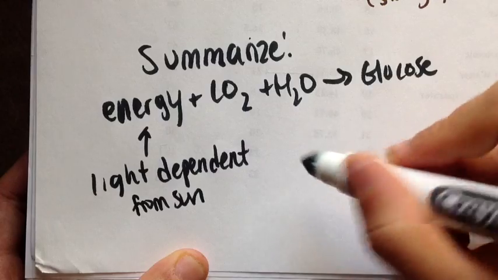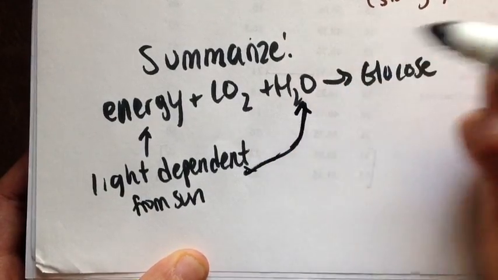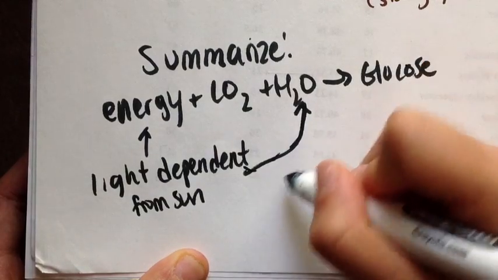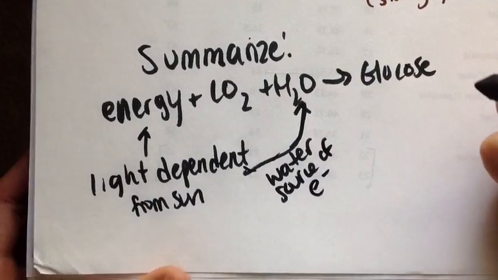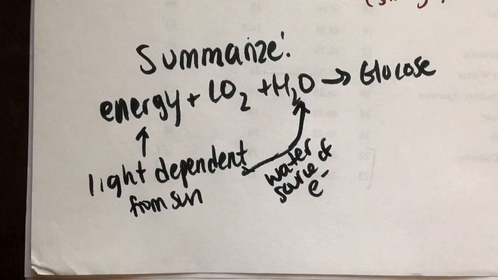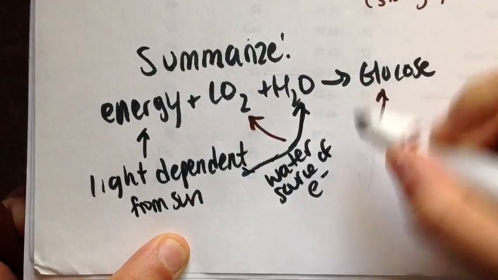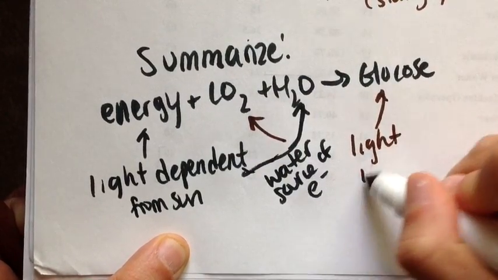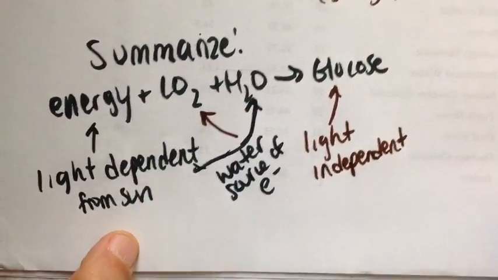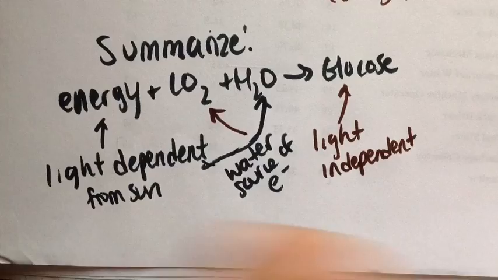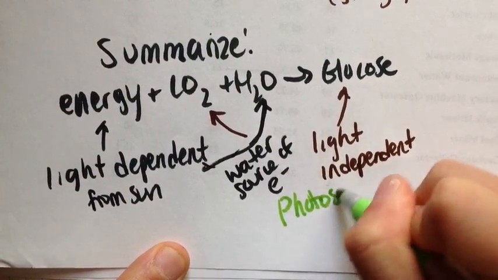This is also where we use the water, where we get the electrons from. So water was our source of electrons. Then what happens in the second step? The second step was our light-independent phase, where eventually we're going to put glucose together, and that's from the carbon dioxide. So basically that's what happens in the process called photosynthesis.